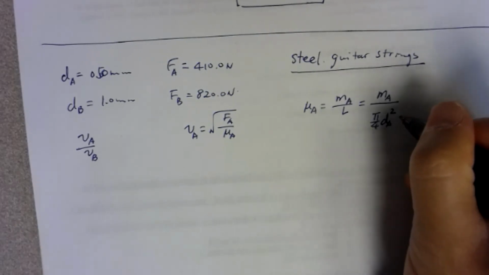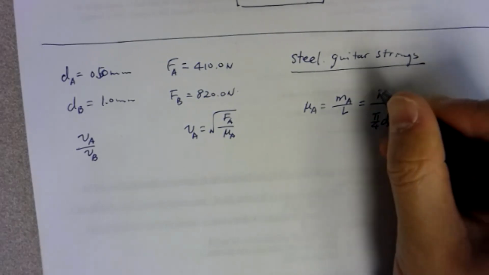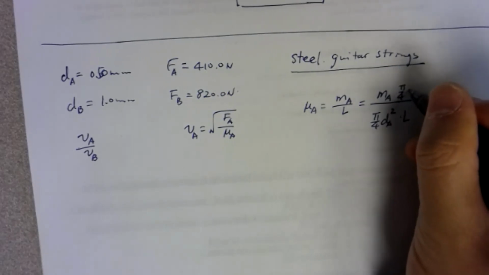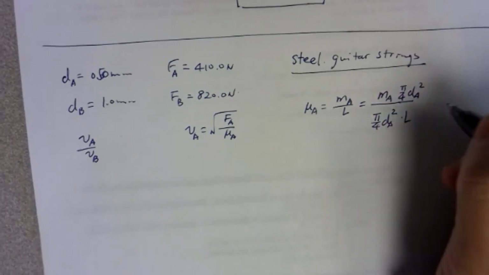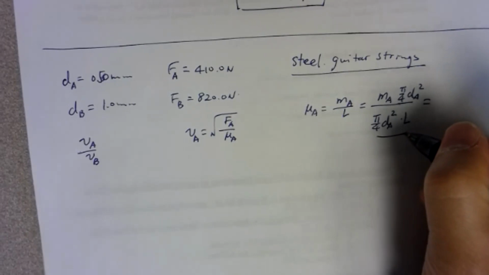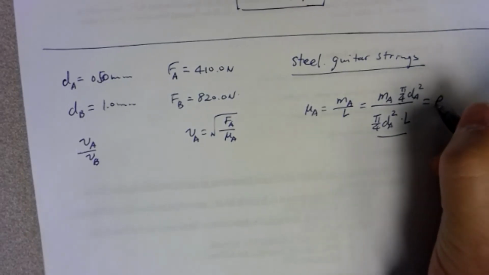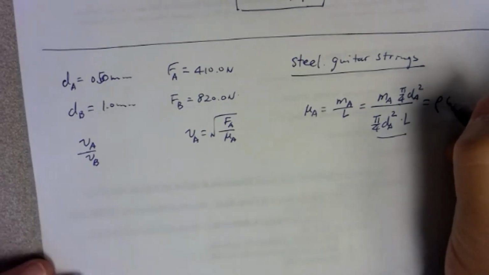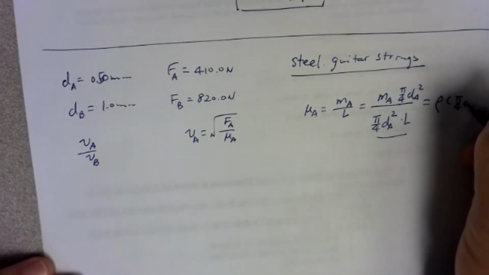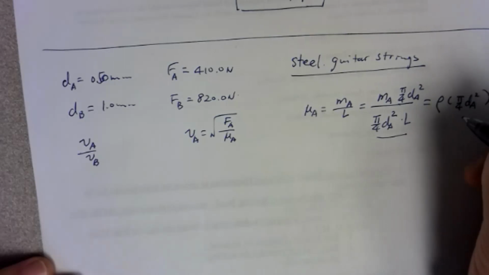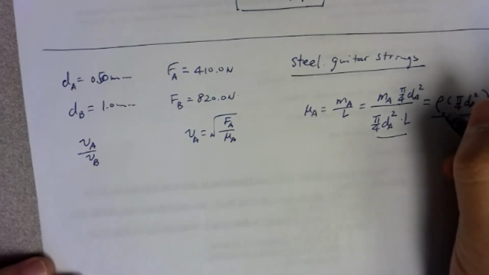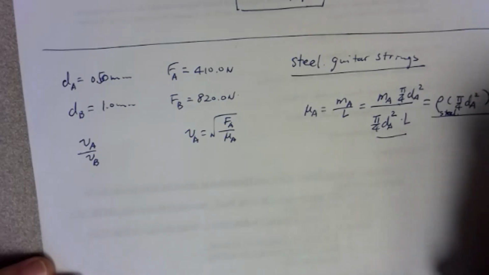This is cross-sectional area times L. So that means on the top, we will also multiply by that. So this gives you volume, okay? Mass over volume, that means the density, right? Density of the steel times pi over 4 dA squared, right? So the rho of the steel times that.